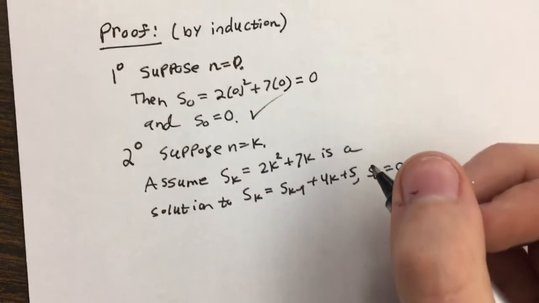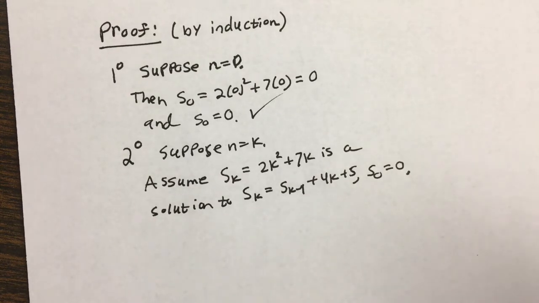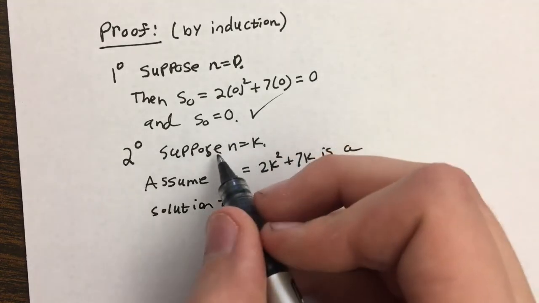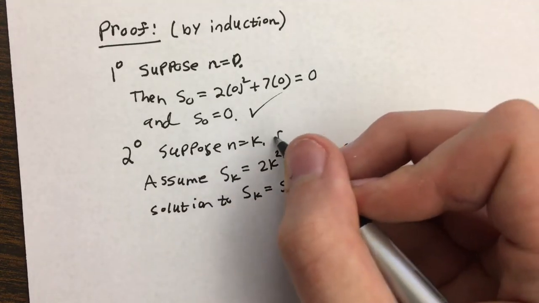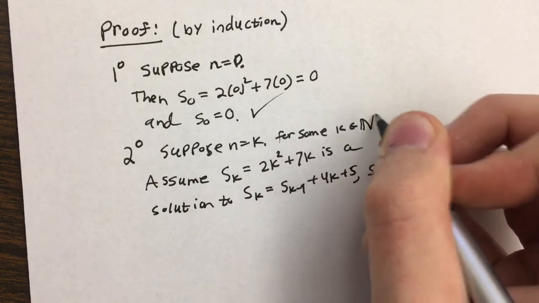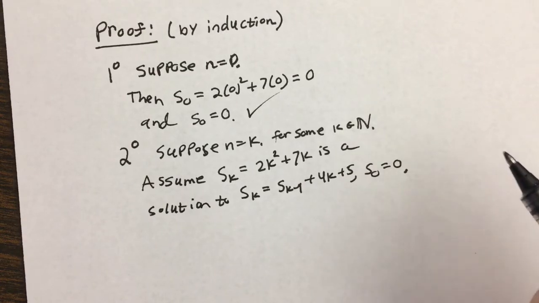And now that we've assumed this k case, we want to prove that the k plus 1 case is true whenever we assume that the k case is true. So we actually may want to add here that suppose n equals k for some k in the natural numbers, because we want this to be any k, really, right? We want to prove that we can pick any k and prove that the next term is true.